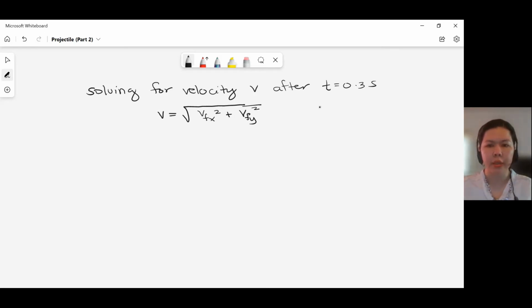And for the direction, tangent alpha is vfy over vfx. It is obvious that we still need to get vfx and vfy in order to get our v.